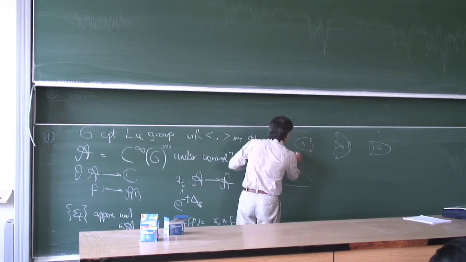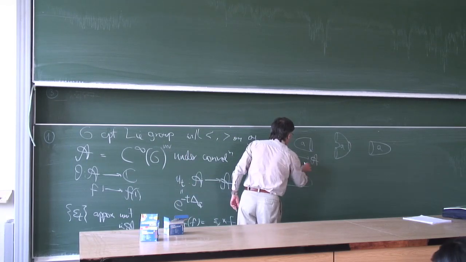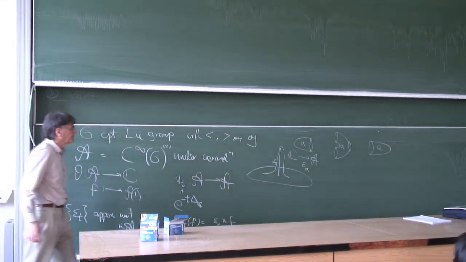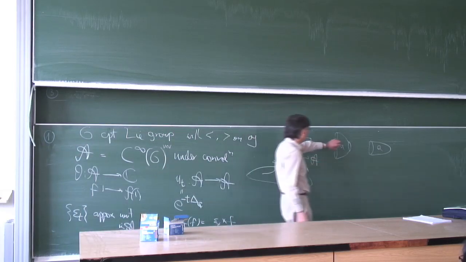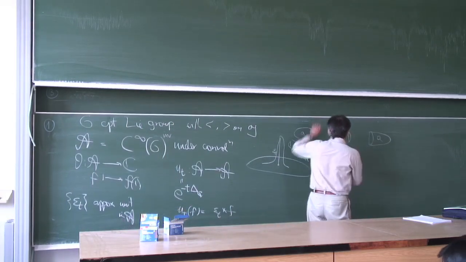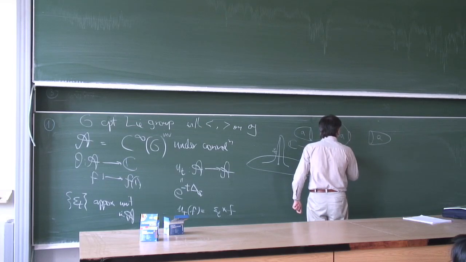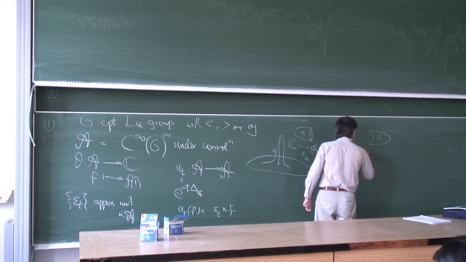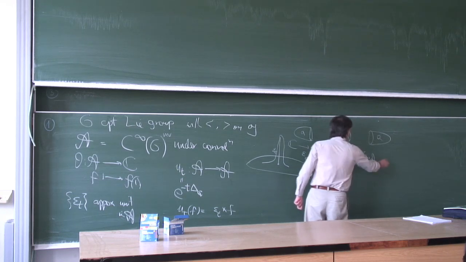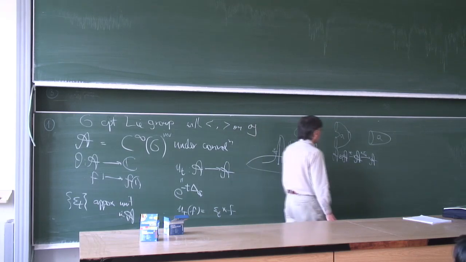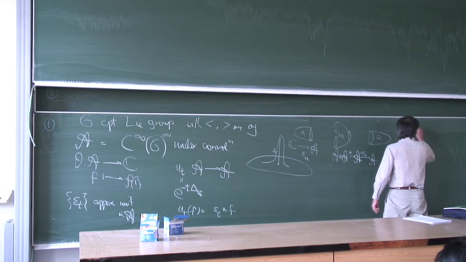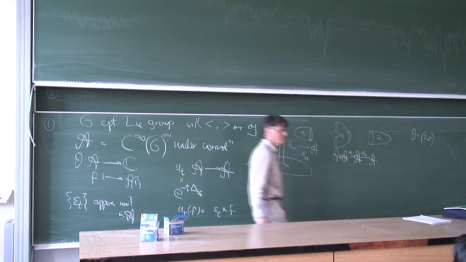Well, this has to be an element of the algebra, and it will be precisely the thing epsilon_A. This is multiplication, meaning multiplication in the algebra followed by convolution with epsilon_A. So those are the 3 things.